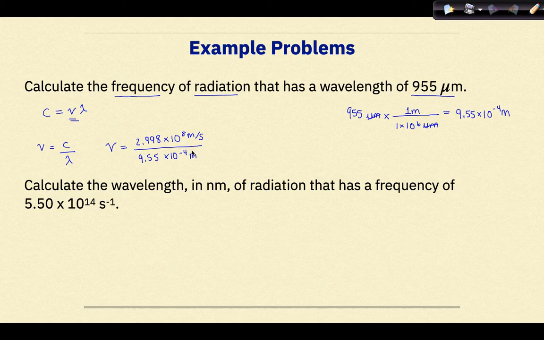And the important thing to realize here is that meters cancels meters, but this per second, that means seconds is going to be on the bottom, which is actually what I want because I know that frequency is either measured in per second or hertz.